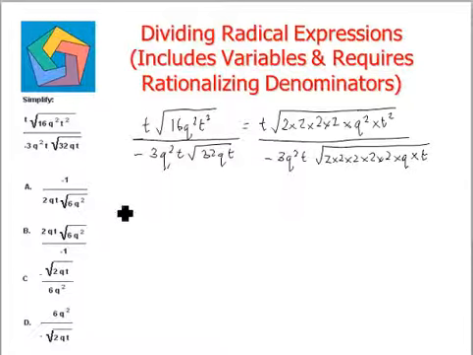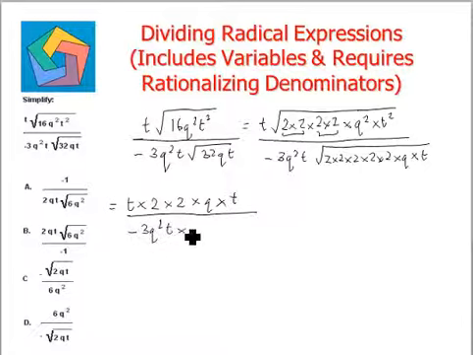Now from the numerator we can pull out, let's see, t as it is, then the first pairing of 2, then the second pair also, then we have q squared as q and t squared as t. So everything is out the radical now, nothing is left inside the radical. In the denominator we have negative 3q squared t, so we have like this.